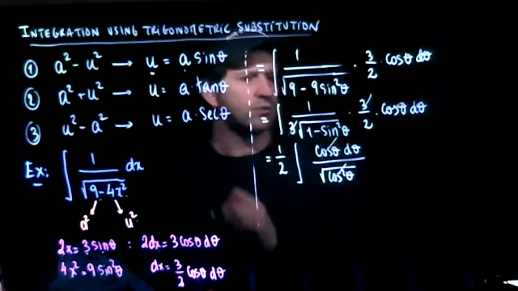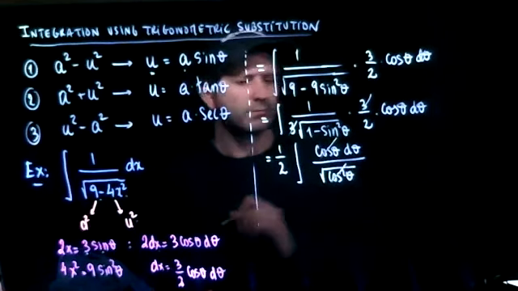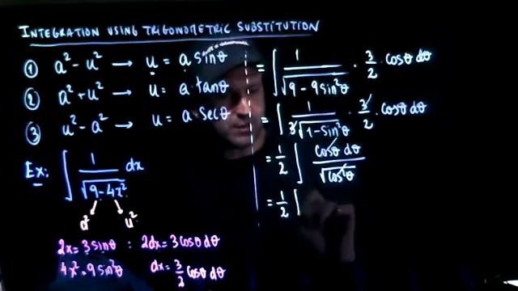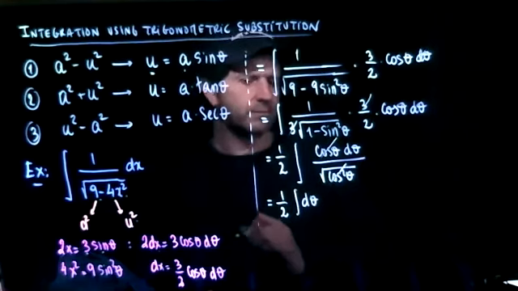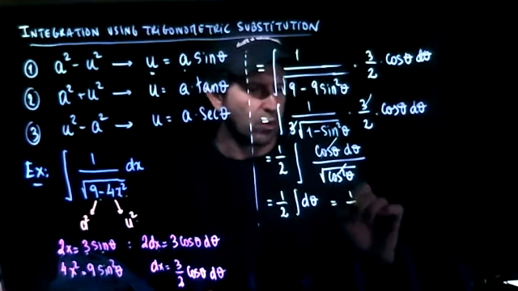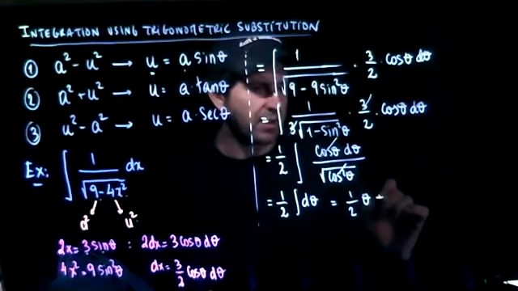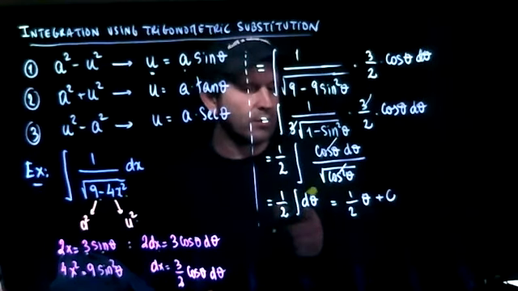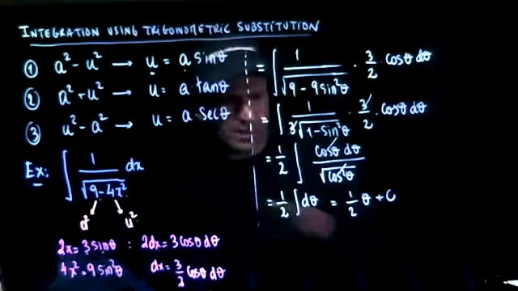So these vanish. So I have 1 over 2, the integral of d theta, which is just 1 over 2 times theta plus C. That's a very easy integral, as you see. Everything simplified very nicely to this.